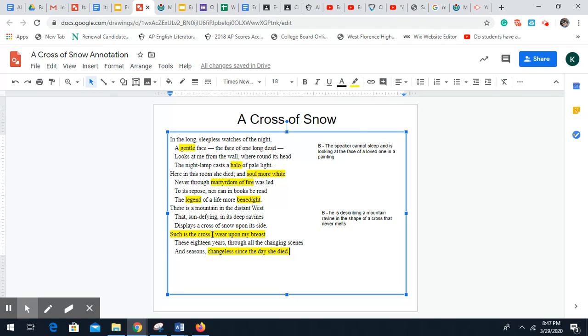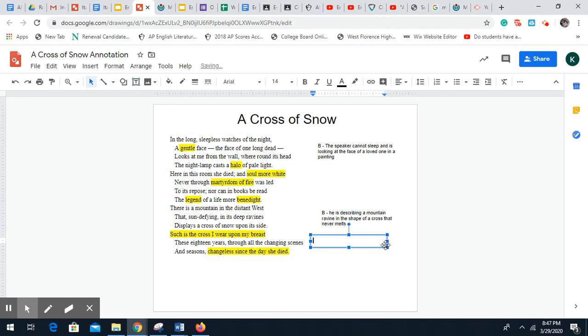So yes, he actually carried a cross, but it's representative of burden. So to me, I think this metaphor here represents the burden that he feels. So the cross is a metaphor for his burden.